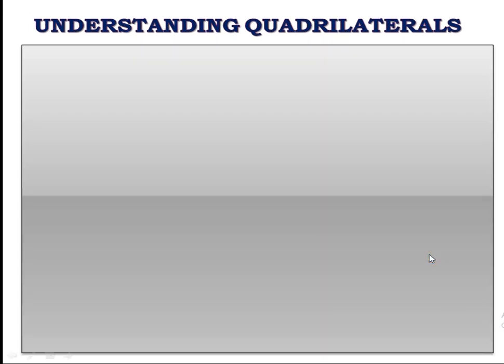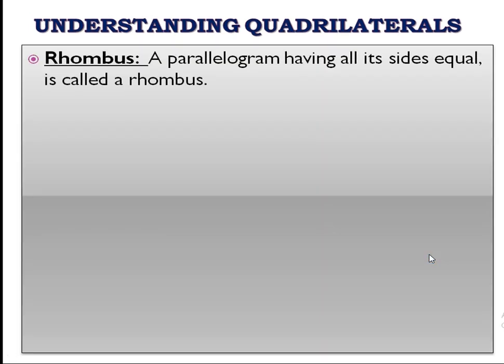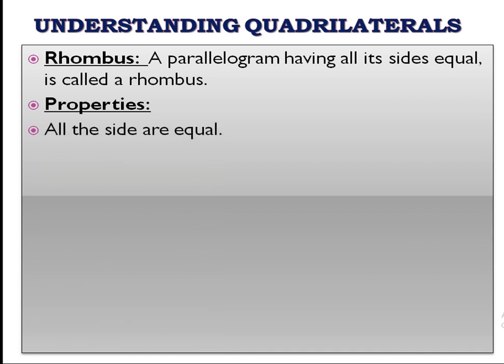Now, next, rhombus. A parallelogram having all its sides equal is called a rhombus. Let's see the properties of a rhombus. Here it is. First property, all the sides are equal. Next, opposite angles are equal.